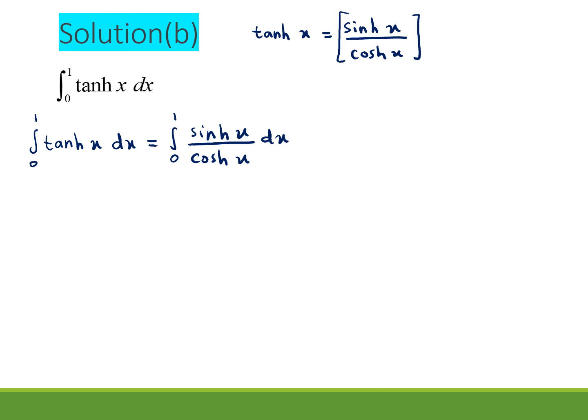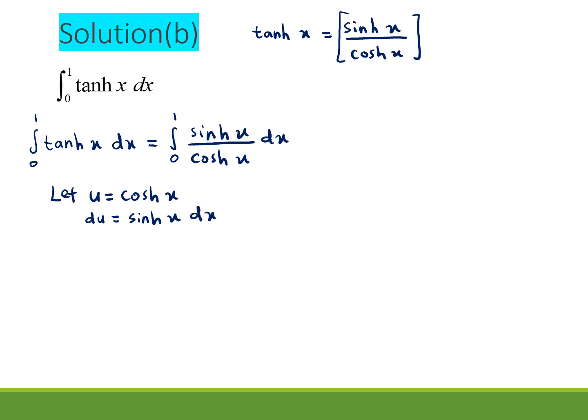Now we can use integration by substitution. Okay, now we substitute u. We let u equal to cosh of x. So if we find the derivative of u, du over dx will be sinh of x.